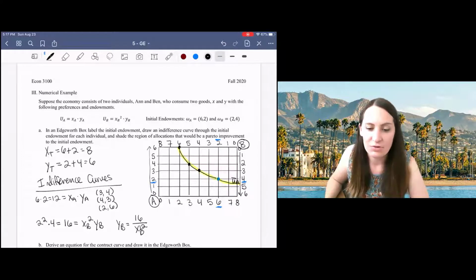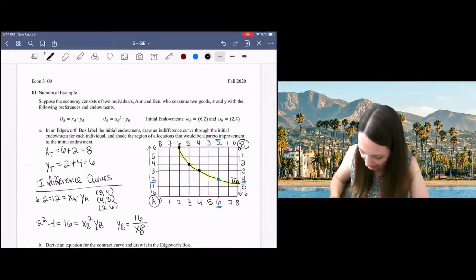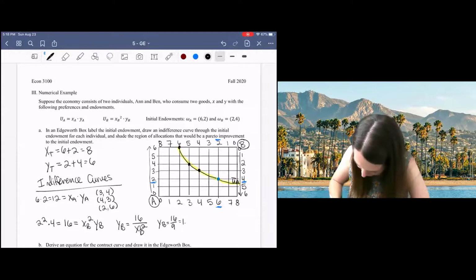But if XB equals 2, YB equals 4, that's our initial endowment point. Let's try XB equals 3. If XB equals 3, YB would be 16 over 9, which is 1.7. If XB equals 4, then YB would be 1.